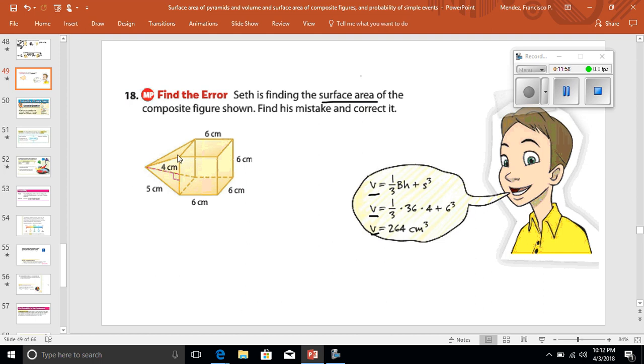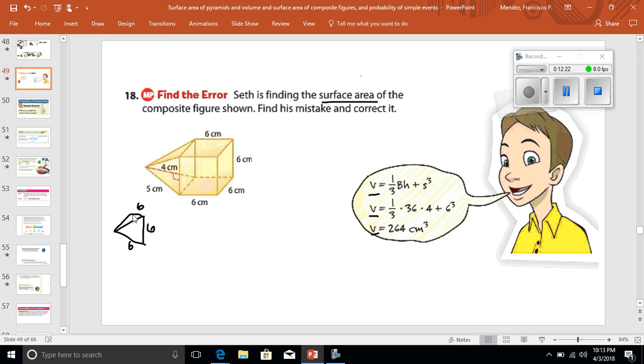Well, first of all, we got a triangular prism up here, which is going to make us find the surface area of all the triangles here, right? And what we've got here, we're seeing that this is 6 by 6 by 6. That means every one of these sides is also 6. Okay?